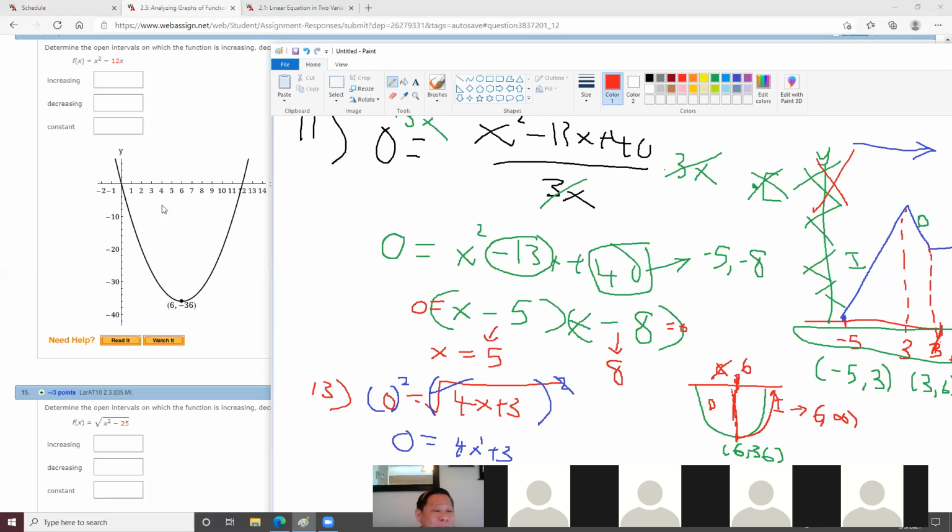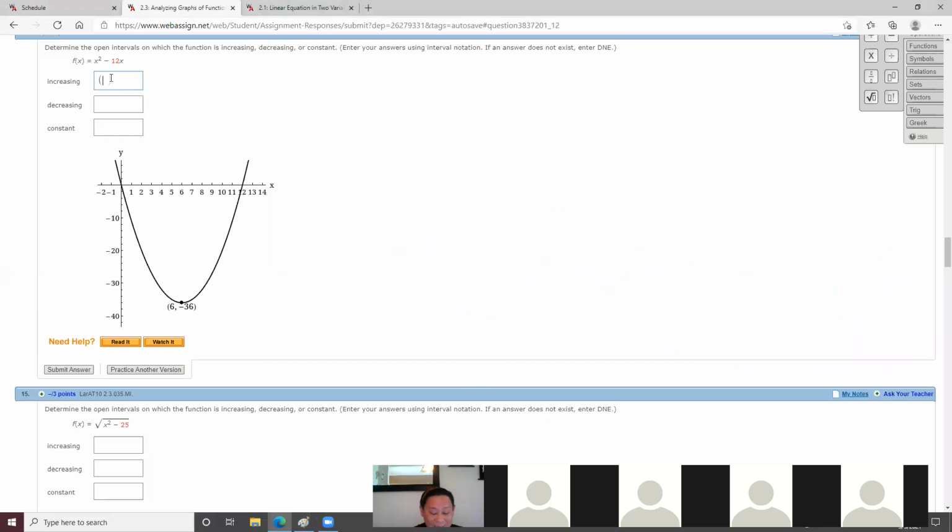I don't get 3 and 4. It is right here. This is the one I'm talking about. So this is starting at 6 and it goes to infinity. So the increasing in this case will be 6 to infinity.